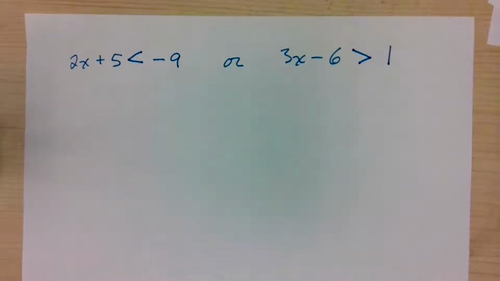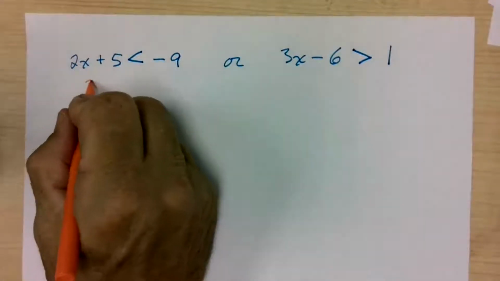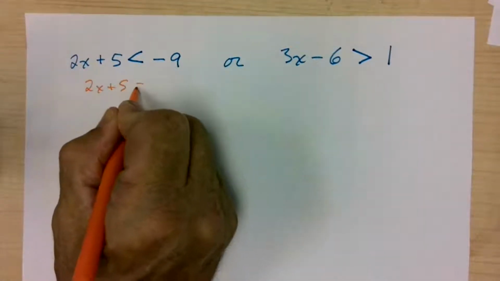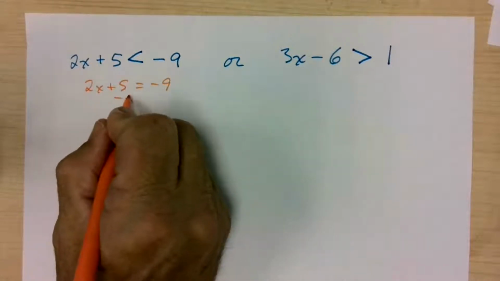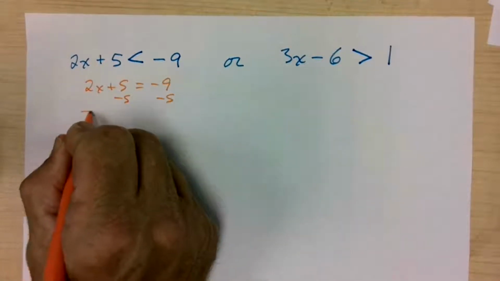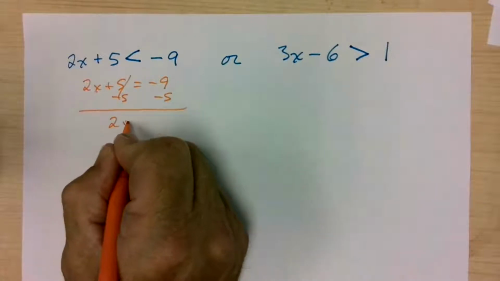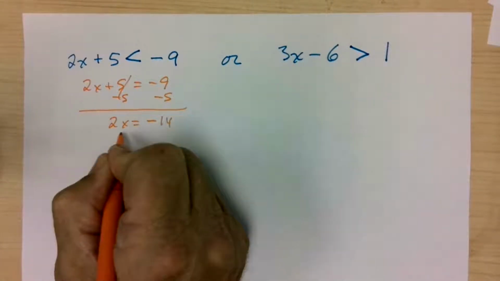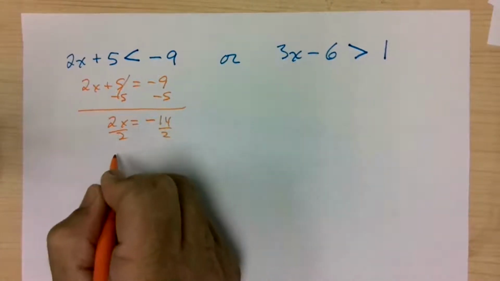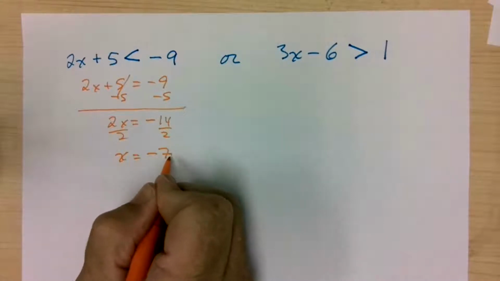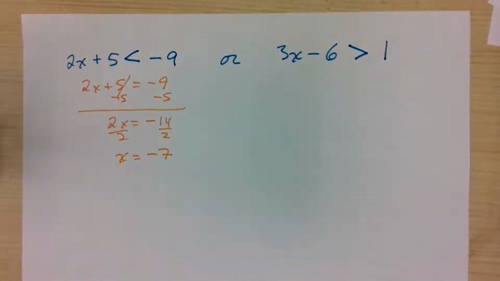So we'll do it as an equal. 2x plus 5 equals negative 9. Subtract 5, subtract 5. 2x is negative 14. Divide 2, divide 2. X is negative 7. So negative 7 is our cut point.